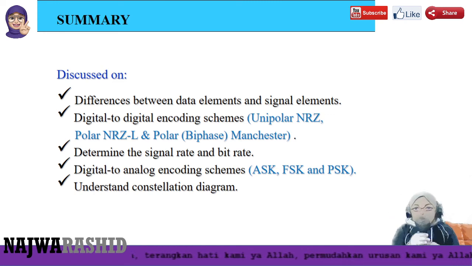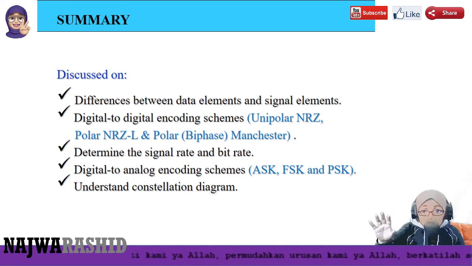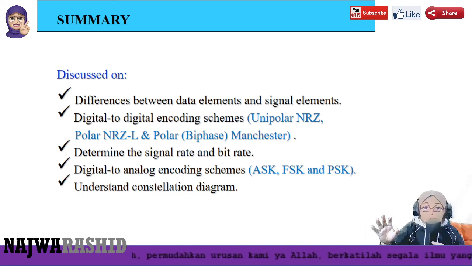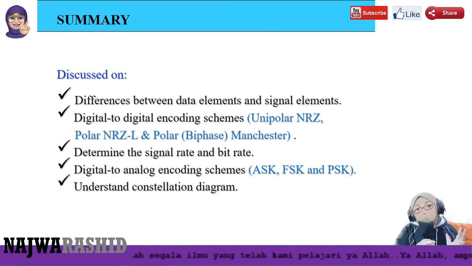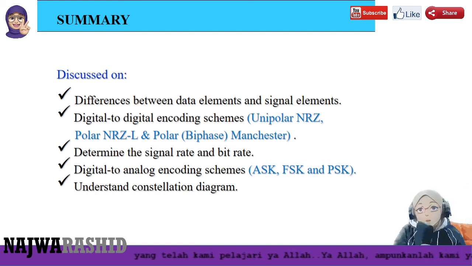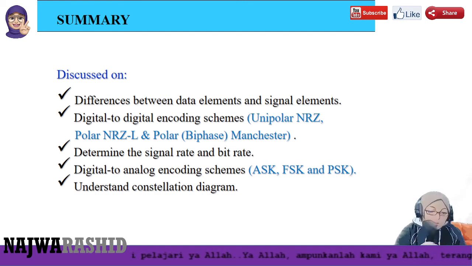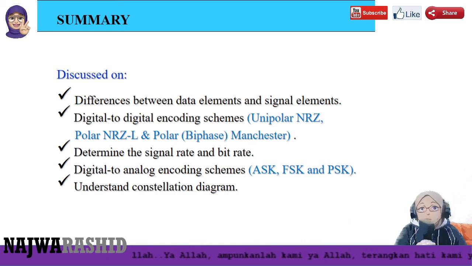If you are given a bit stream of digital data, you should know how to draw the signal based on the NRZ, NRZ-L, and Manchester schemes. And then you should know how to calculate the signal rate and the bit rate based on the formula, S equal to N times 1 over r.